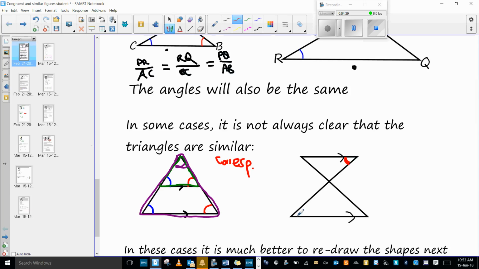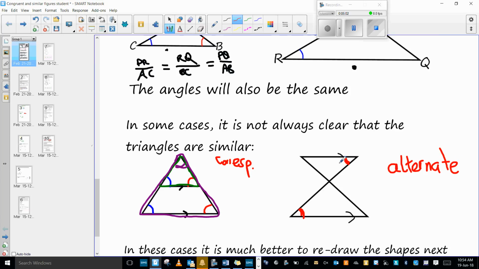How do we describe those angles? Corresponding? None are adjacent, but it begins with A though. They alternate. So these red angles are alternate.